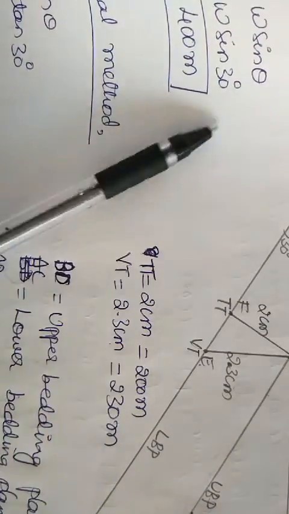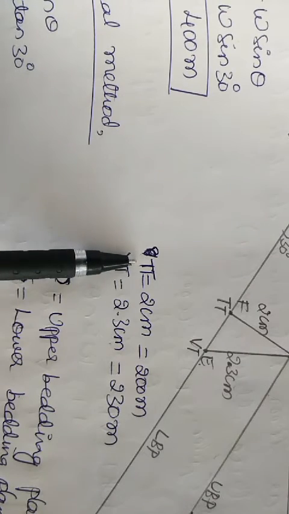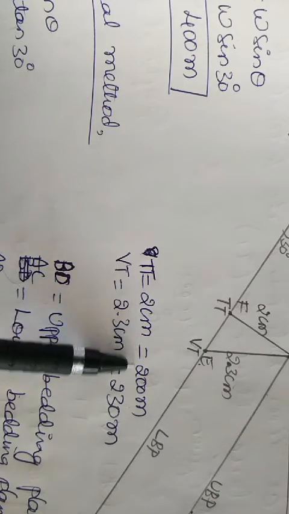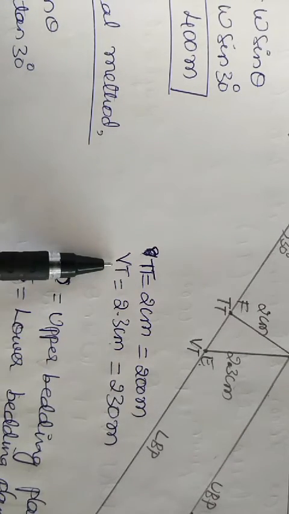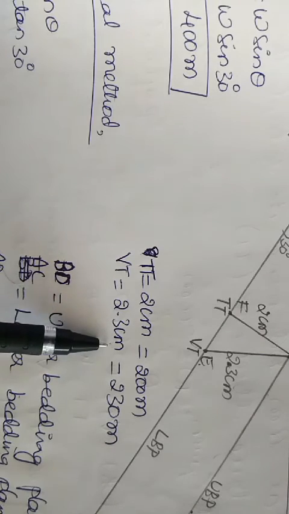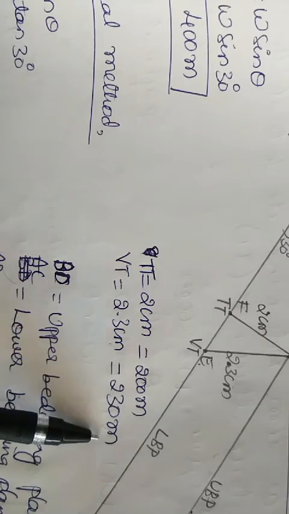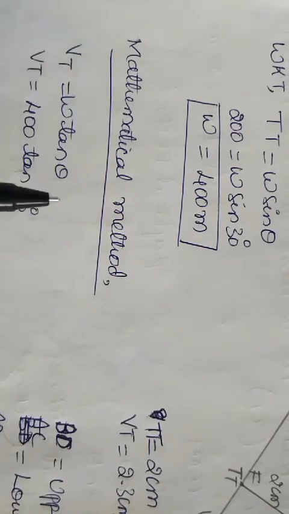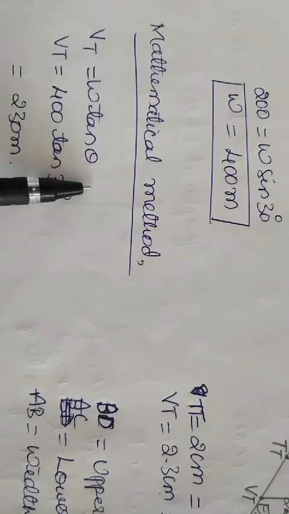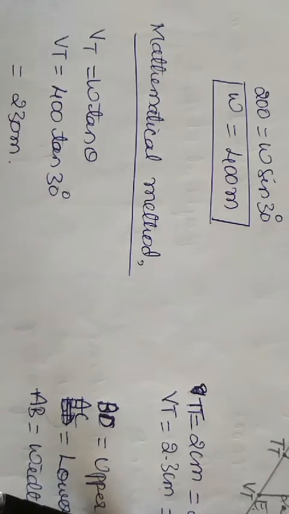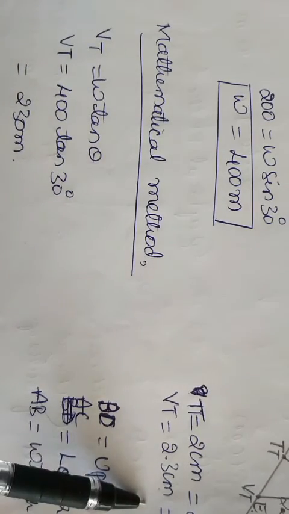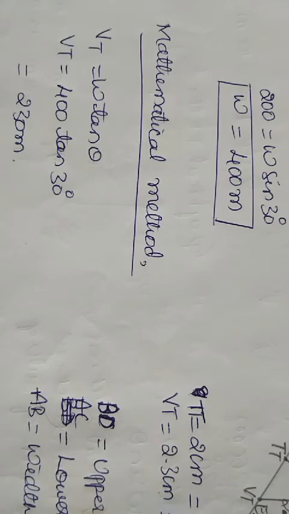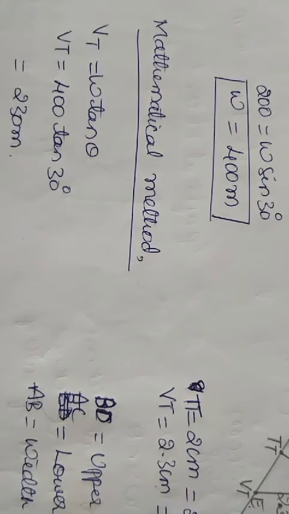So from the graphical method we also got the true thickness as 2 centimeters, equal to 200 meters, and the vertical thickness as 2.3 centimeters, equal to 230 meters. Both values from the mathematical method and the graphical method are the same. So this is how we solve thickness of strata problems.